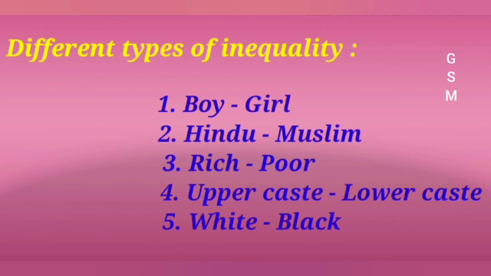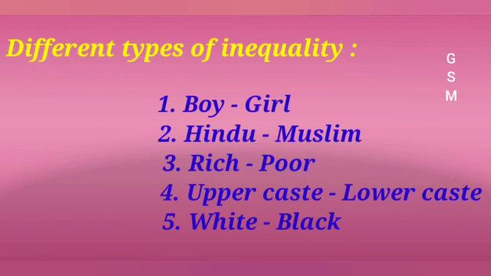Students, next you learn what are the different types of inequality. Did you know, students? Yes, correct. Number 1, boy and girl is gender inequality. Number 2, Hindu and Muslim is religion inequality.